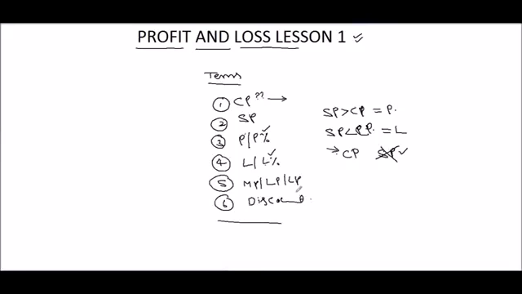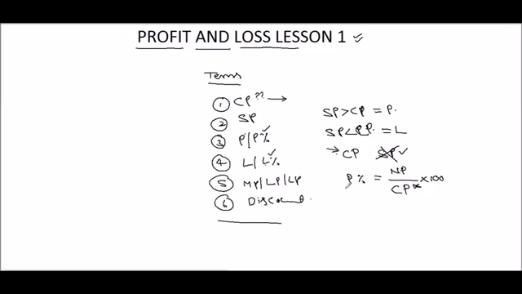How to go about this? Always remember, profit percentage should be calculated in this way. Profit percentage is equal to net profit in one transaction, where selling price is more than cost price, divided by cost price, always the base is cost price, very important point, into 100. Why into 100?